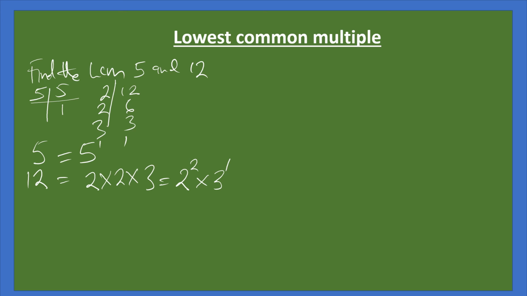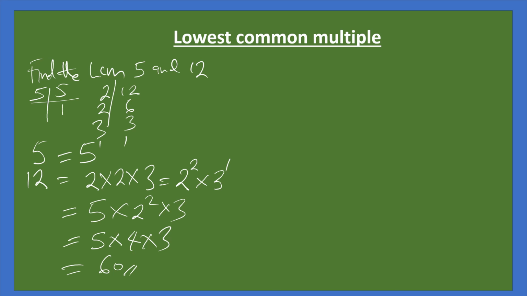If you look at them, they don't have a common prime factor. For 5, the factor we have there is just 5, but for 12 we have 2 and 3. So in this case, the LCM is going to be 5 times 2 raised to the power 2 times 3, which is 5 times 4 times 3. 5 times 4 is 20, times 3 is 60.